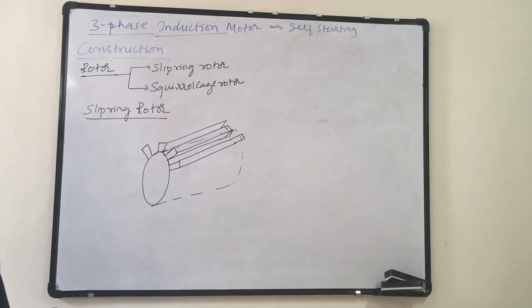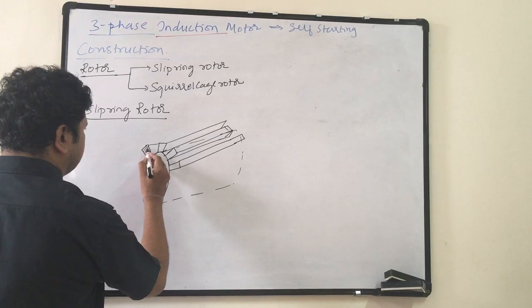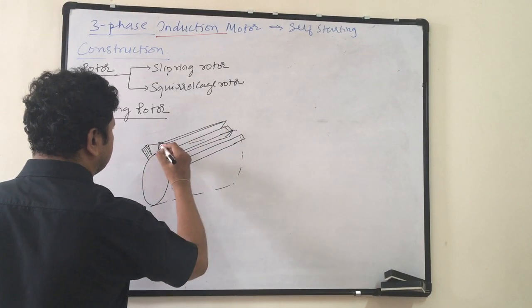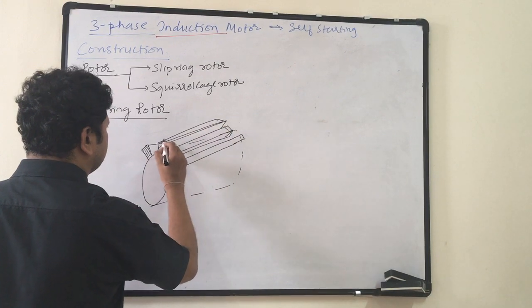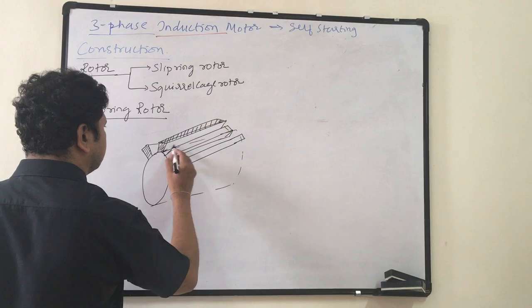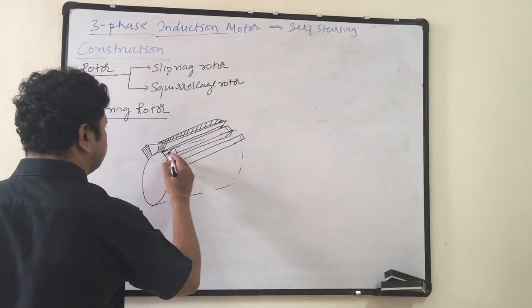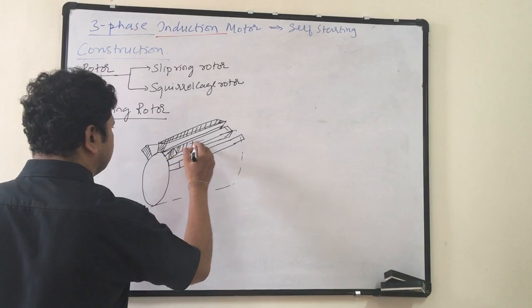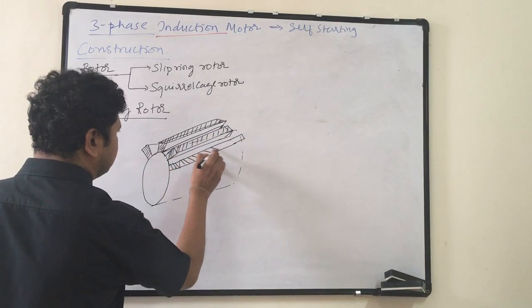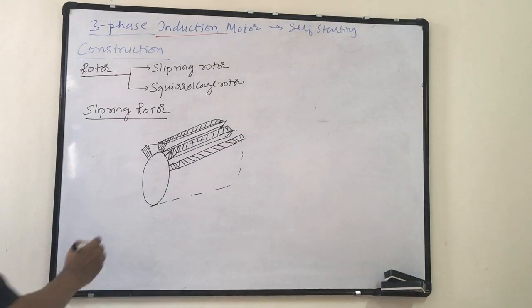So this was the rotor structure. This is teeth. This is teeth. This is teeth. Okay. And there will be a shaft.